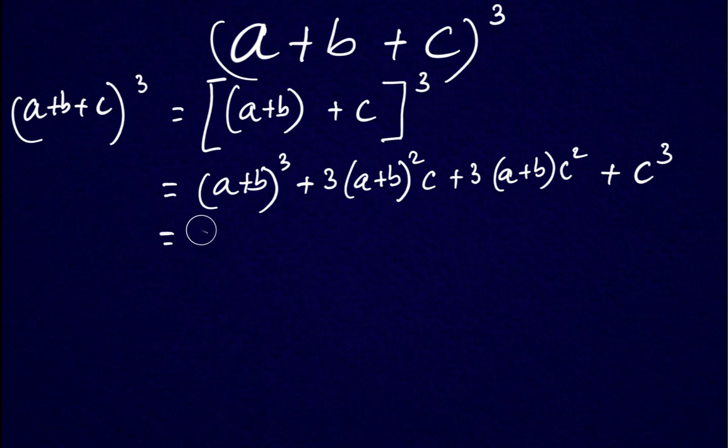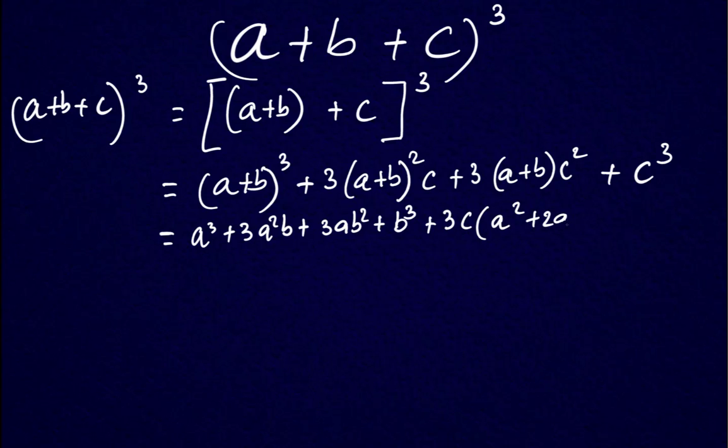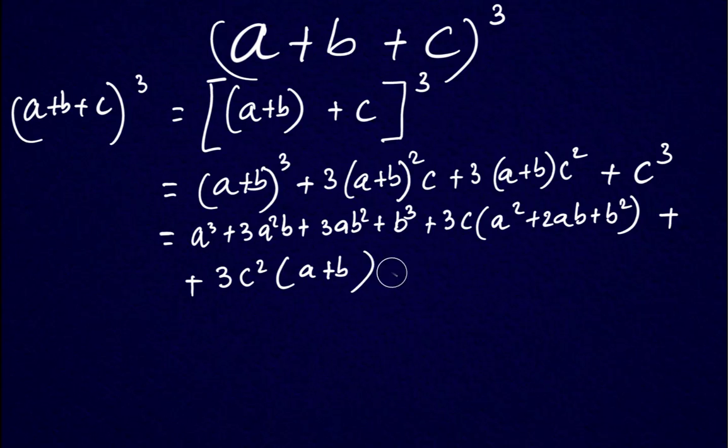And that's it. All we have to do is to develop this now, make our calculations. So the first part becomes a cubed plus 3a squared b plus 3ab squared plus b cubed. Now the second one becomes plus 3c times (a squared + 2ab + b squared), plus the third term now, 3c squared times (a + b), and then plus c cubed.